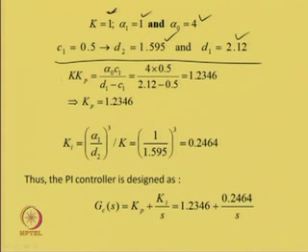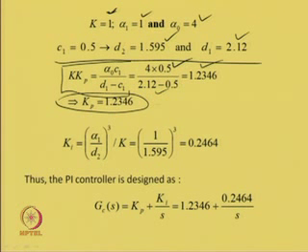Then using the explicit expression for Kp, which is Kp equal to alpha 0 C1 upon D1 minus C1, where alpha 0 is 4, so 4 times 0.5 upon 2.12 minus 0.5, which gives us Kp a value of 1.2346, since k is equal to 1.